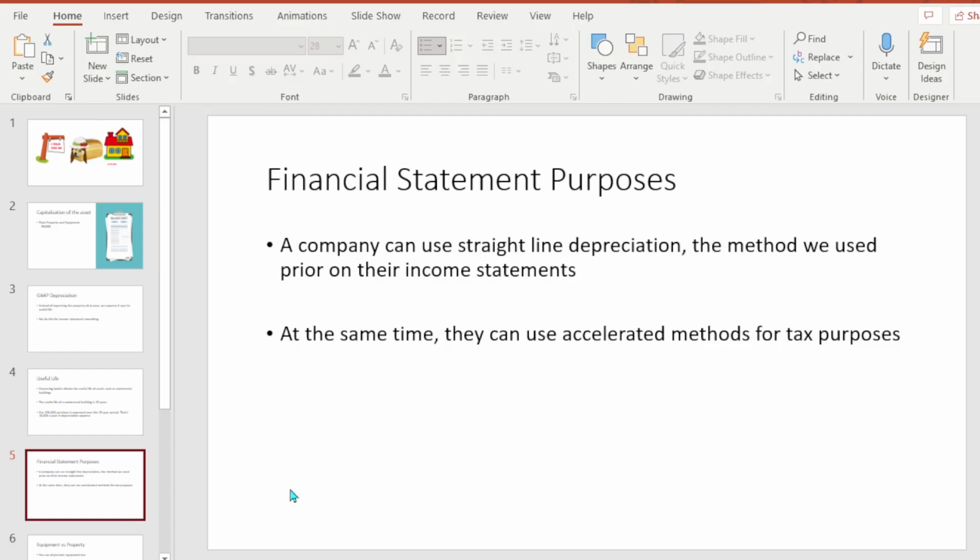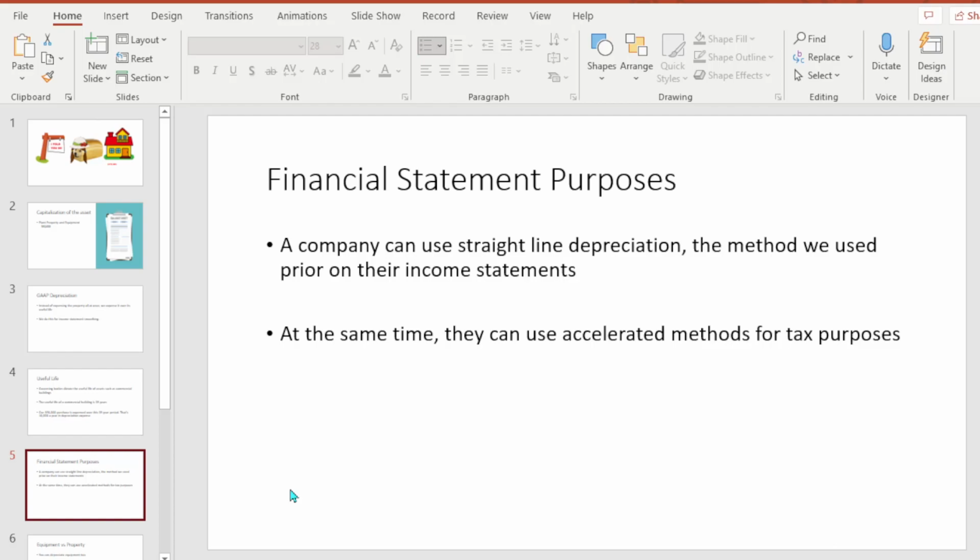So think about this. If I can expense more of that asset every single year and depreciate it faster, what is that doing for my taxes? Well, essentially, I'm reporting less income. So from a tax perspective, I am basically paying less tax every single year until the life of that asset is fully depreciated.